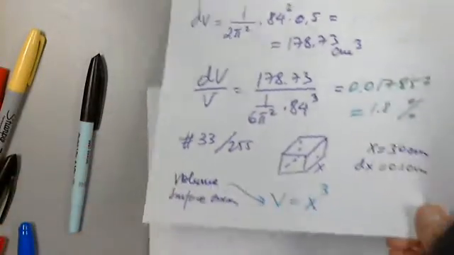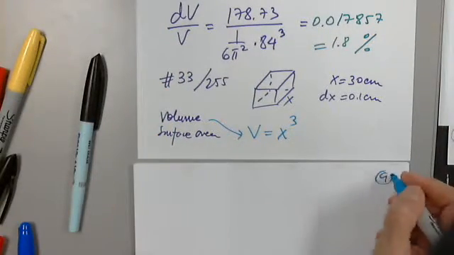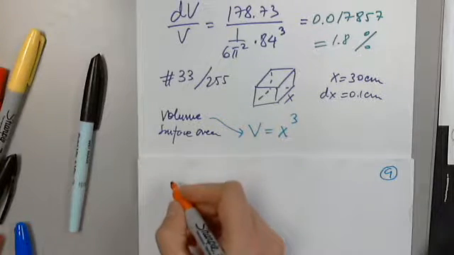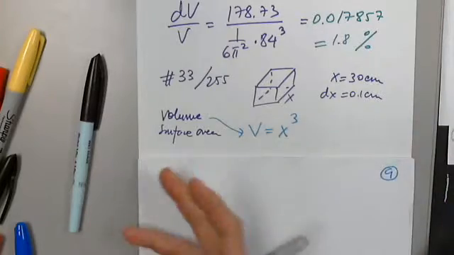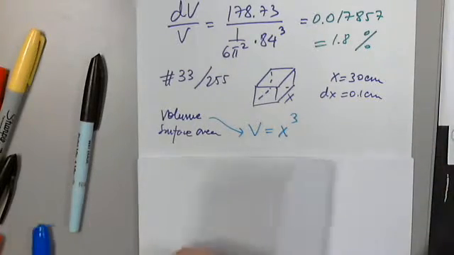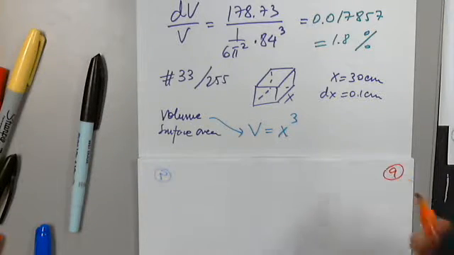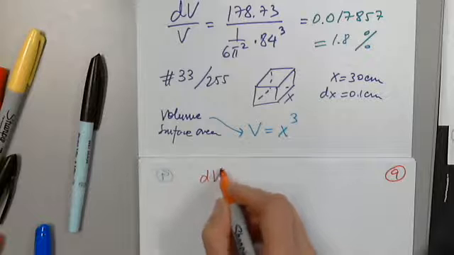So we're asked to estimate, not find, to be exact, the error in the volume. What do I have to find? What are we going to find? Yes, which is dV. Very good.